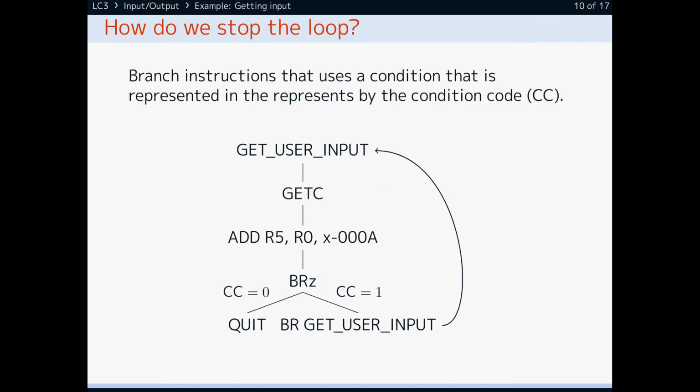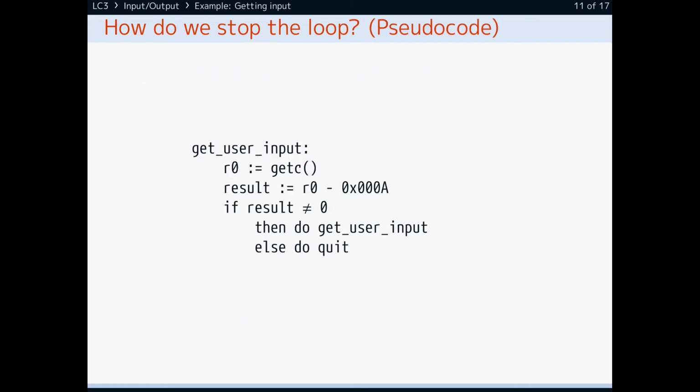That's great. So we want to stop the loop, right? And the way we can do that is by branch instructions. Branch instructions use something called the condition codes, which are set by specific instructions like ADD and other ones that I can't currently remember. So essentially we can use the fact of that, let's go to the next slide.